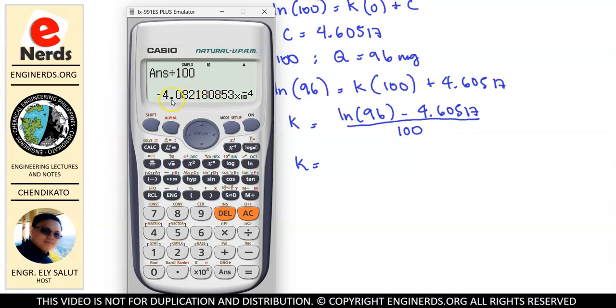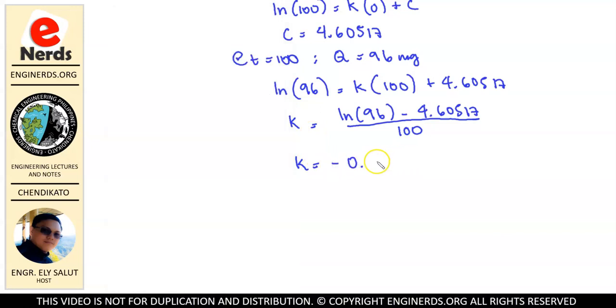Okay, so we have negative 4.08218 times 10 to the negative 4. We can just write this as negative 0.0004082, so that we no longer have the times 10 to the negative 4.